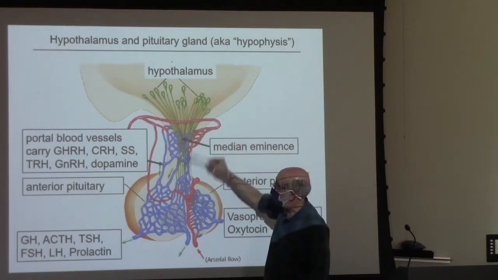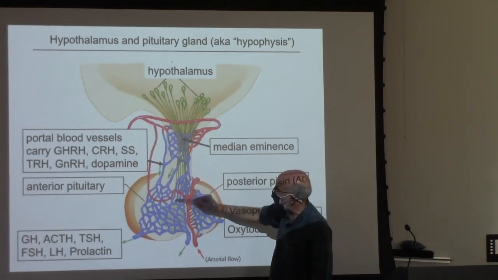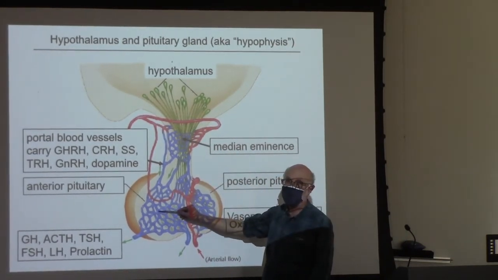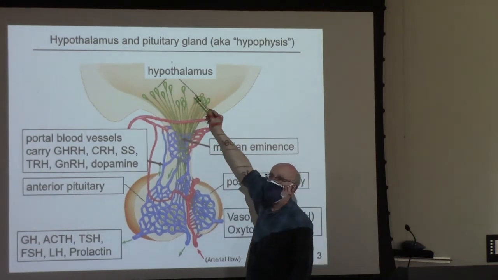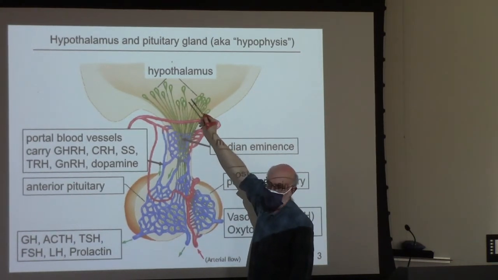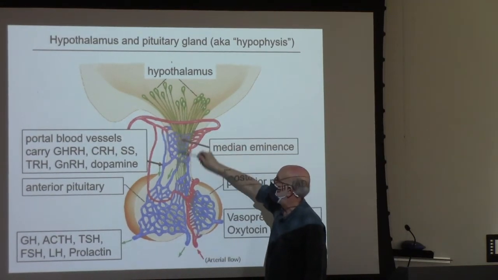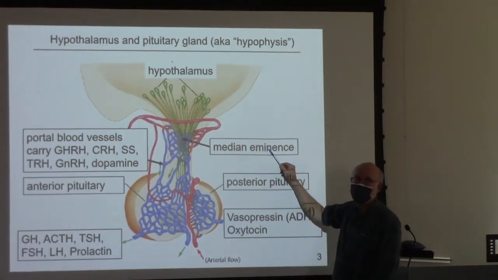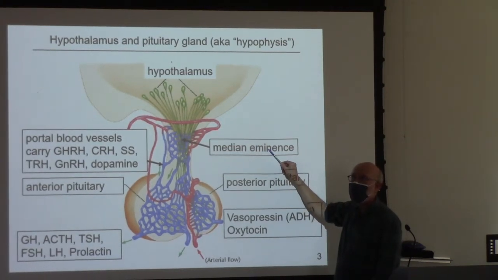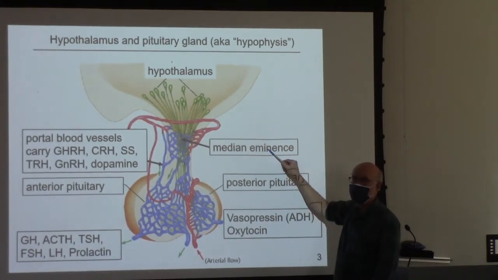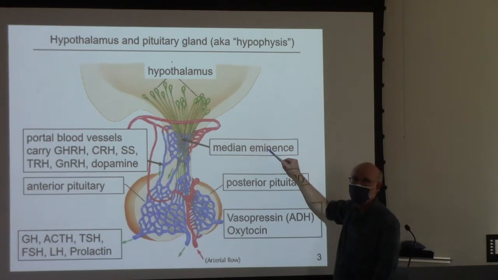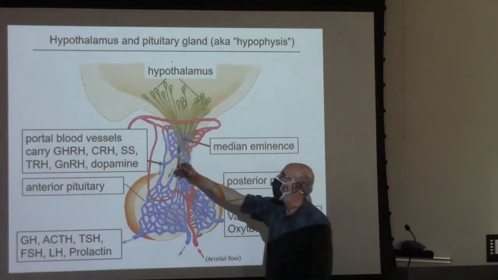So you can notice there's no green endings here in the anterior pituitary. Some hypothalamic neurons have axons that end in this connection called the median eminence. It's also called the infundibulum, which is a fun word to say. Infundibulum just means sort of neck.